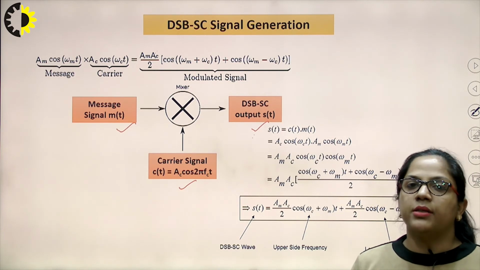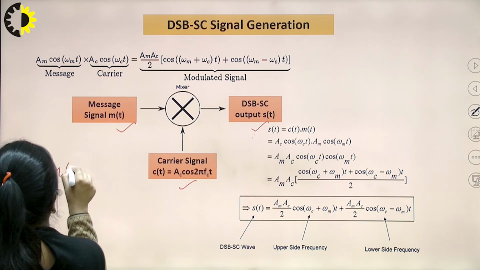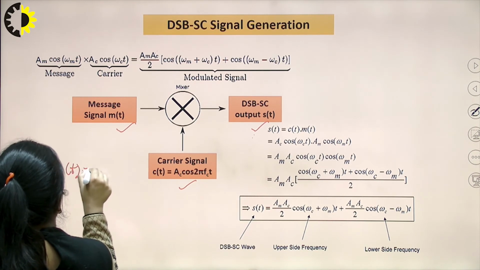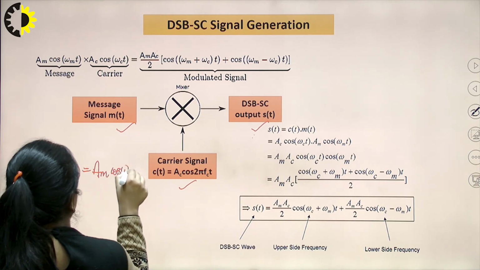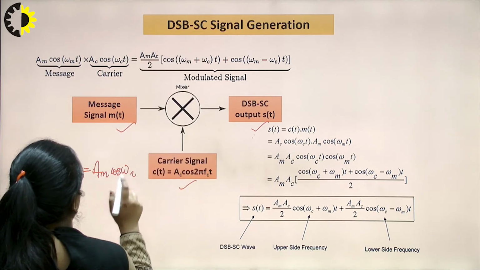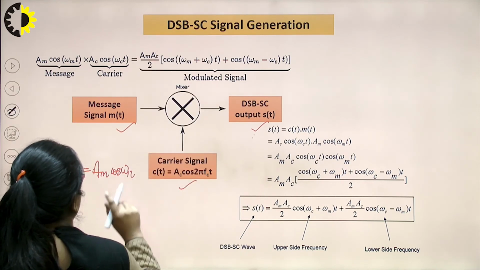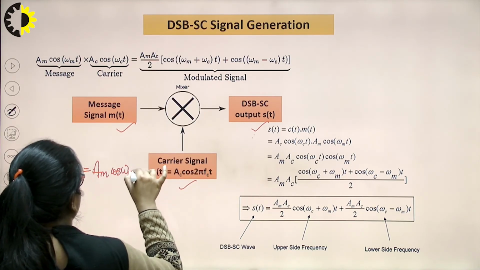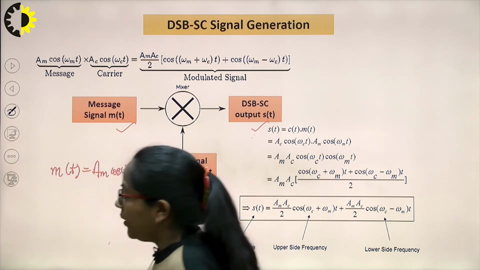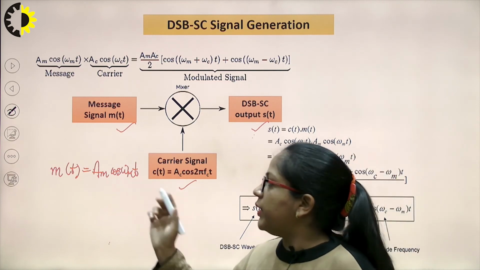Single tone modulation is where we define the message signal m(t) as Am cos omega m t, where omega m is 2 pi fm, that is the frequency of the message signal.